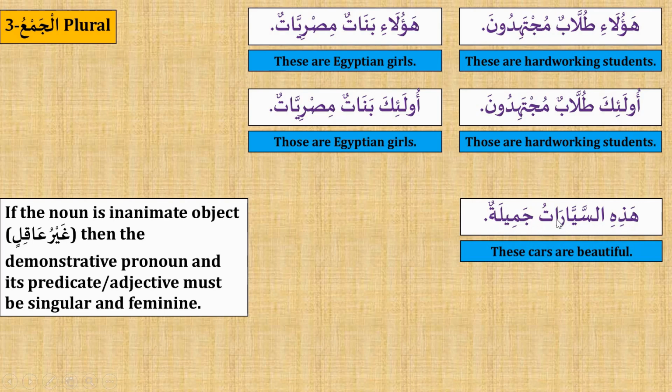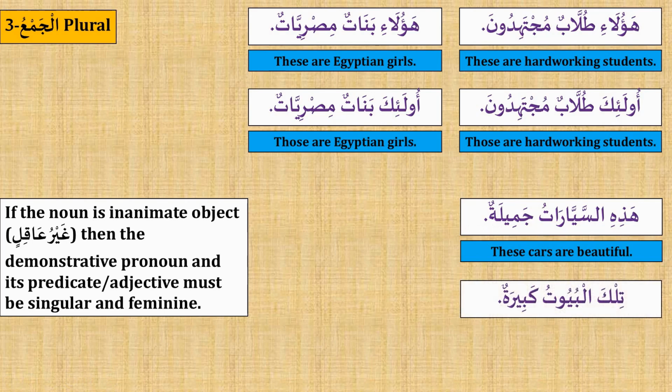These cars are beautiful. السيارات is the plural of السيارة, the car, and it is an inanimate object. In this case, we must use the singular and feminine demonstrative pronoun هذه, not هؤلاء or أولئك, and also the khabar or predicate must be singular and feminine.